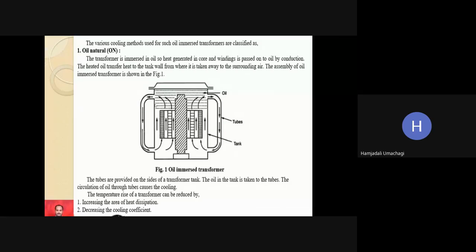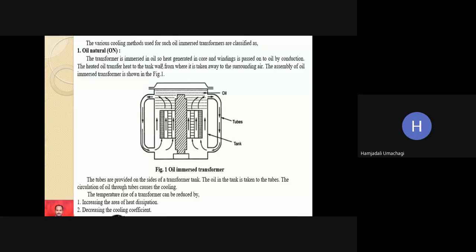But here, by using oil, the heat is transferred by the method of conduction. The heated oil transfers heat to the tank, from where it is taken away to the surrounding air. So the surrounding air is going to carry the heat.